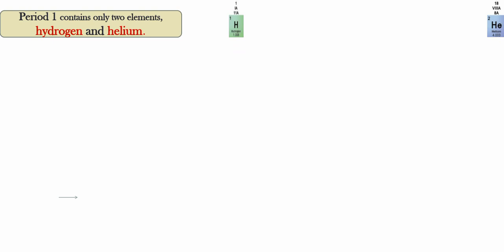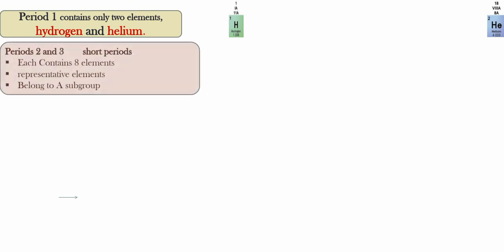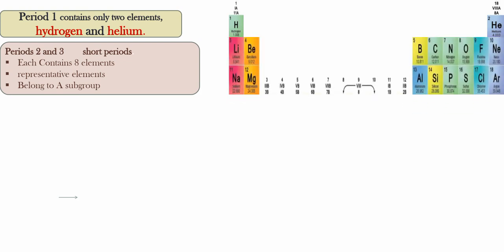So period 1 contains only 2 elements, hydrogen and helium, while periods 2 and 3 are called short periods, and each contains 8 elements.